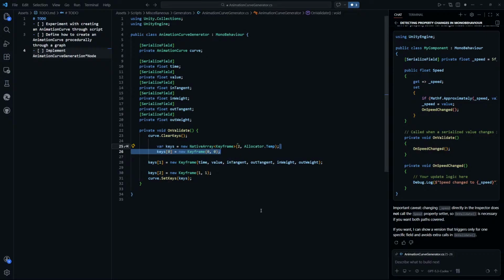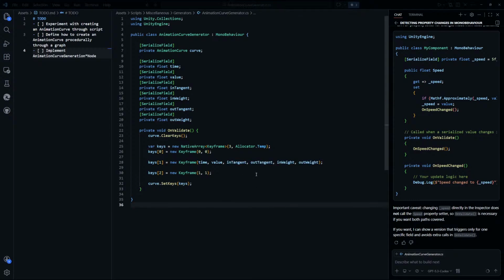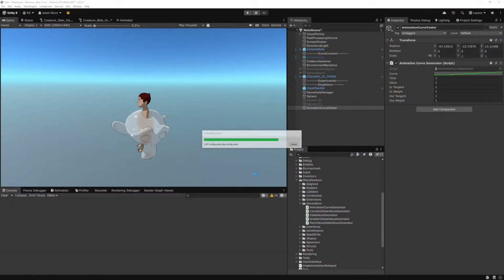Yes. Oops. Okay, so we create the keys like this and then we set the keys. Because I'm wondering if it's not getting validated when it should be validated, you know? We'll see.